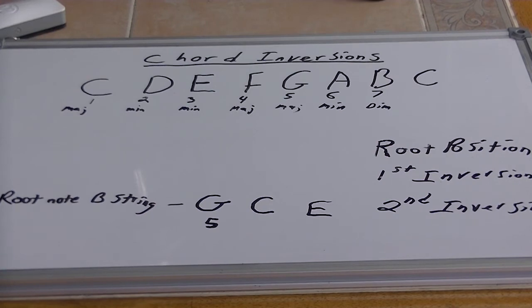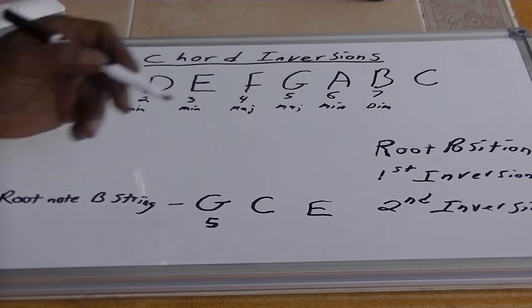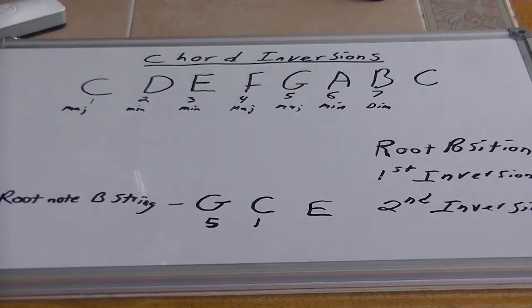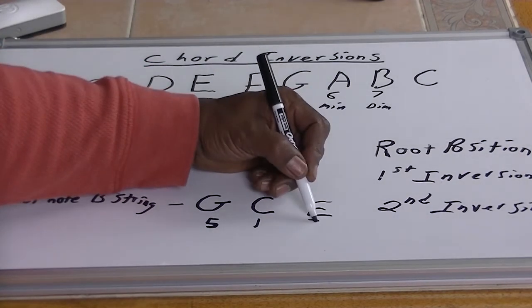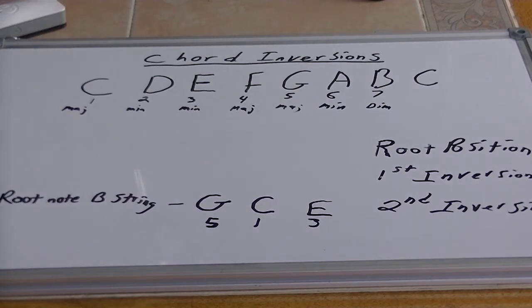And the note we're playing on the B string is the root note. And the note we are playing on the E string is the third. And this doesn't change. If we use any of these root note B string fingerings for a major chord, the note on the G string will be the fifth. The note on the B string will be the root, and the note on the E string will be the third.